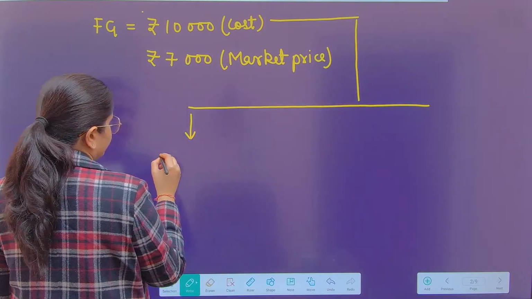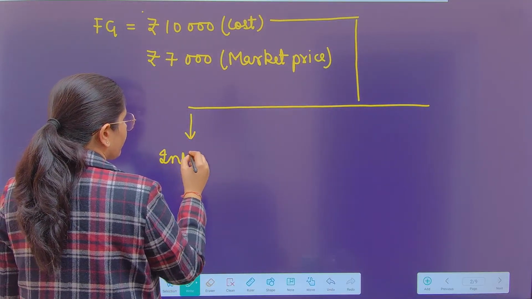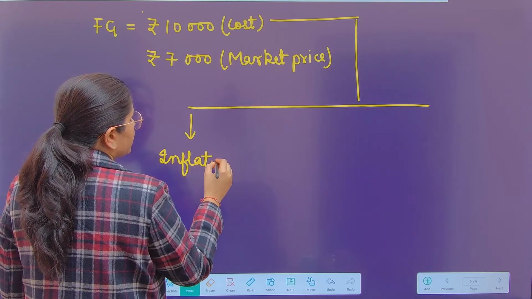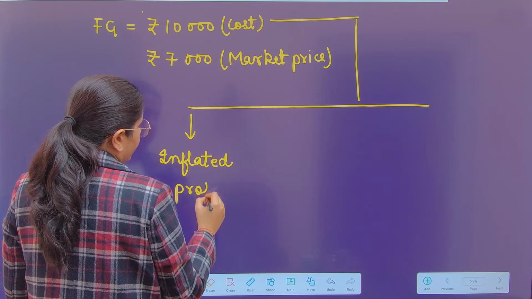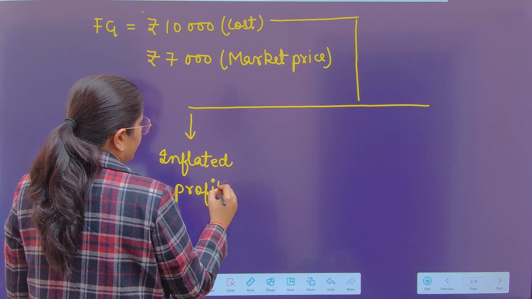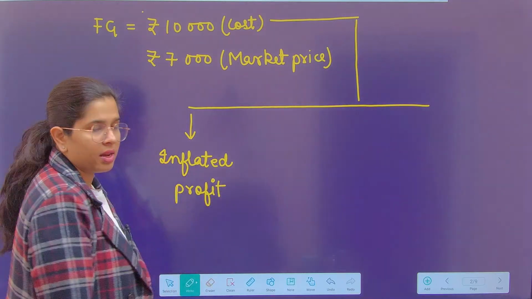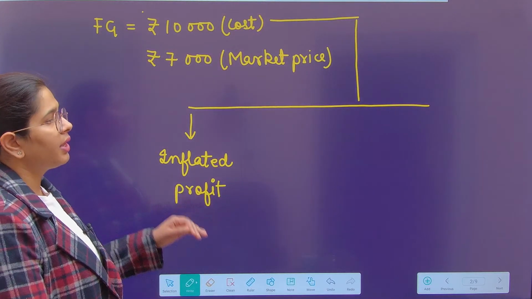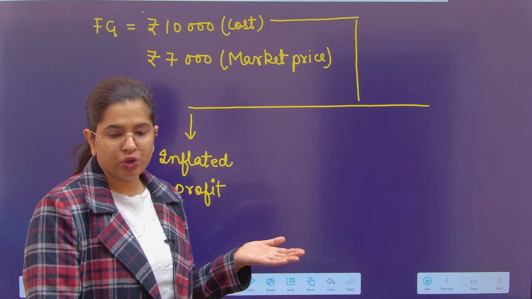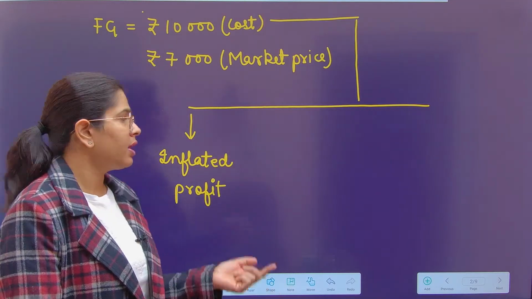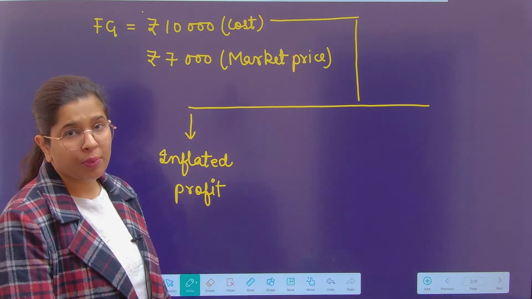inflated profits. Why? Because in my books, stocks are represented on the credit side of P&L. So if your credit side of P&L will be higher, that means if you will show a higher value of stock, that will inflate your profit.